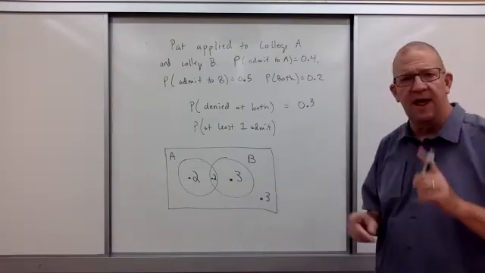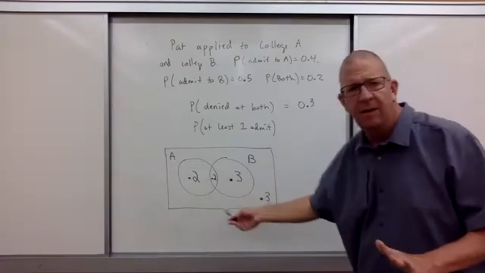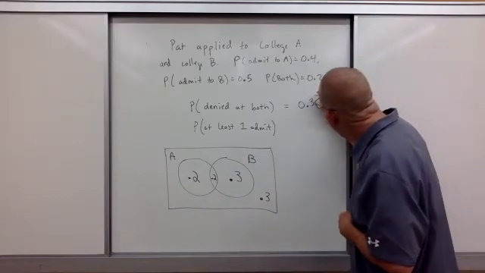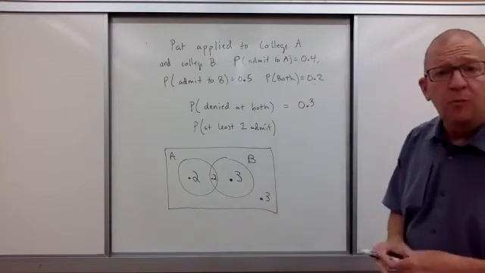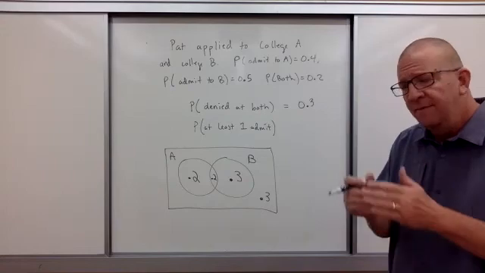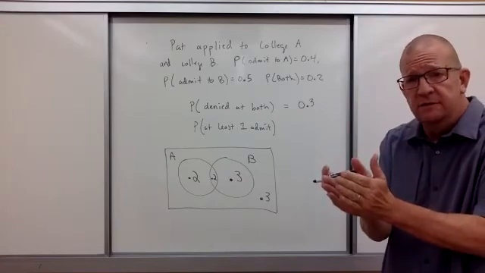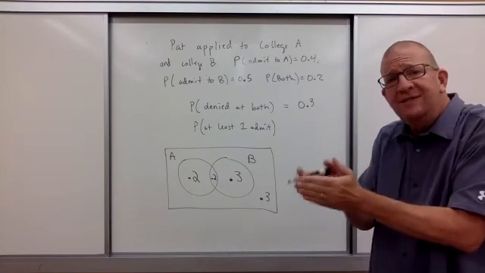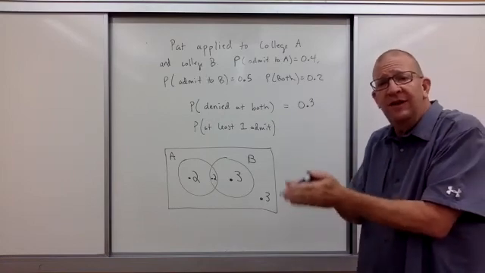Let's repeat this now. We've done a Venn diagram. We've come up with a 30% probability that Pat will be denied at both colleges. So that means 30% of the outcomes are denied. What must be true of the other 70%?